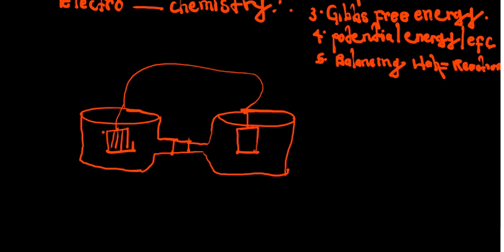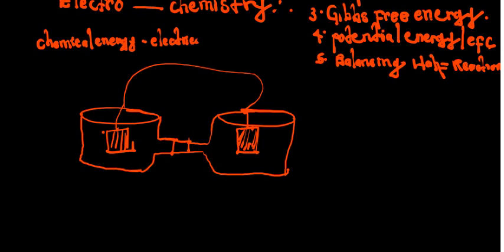So I was telling you that electrochemistry is where you look at different kinds of devices that are able to convert chemical energy to electrical energy. So we're talking about the chemical energy to what we're calling the electrical energy.